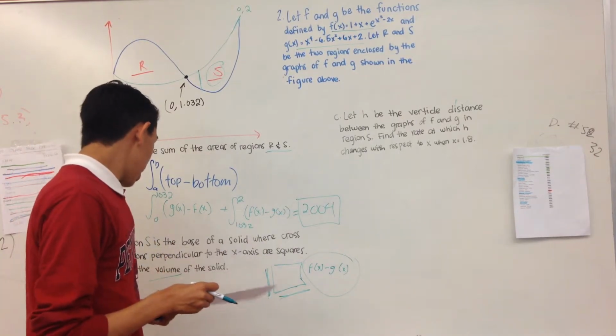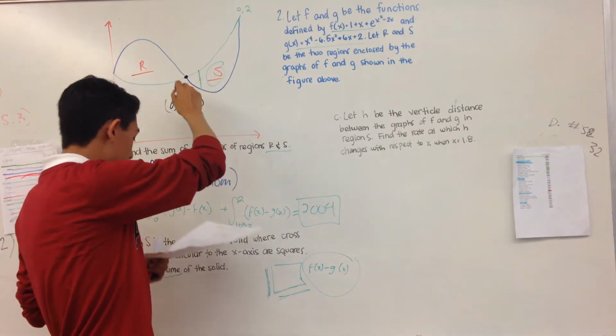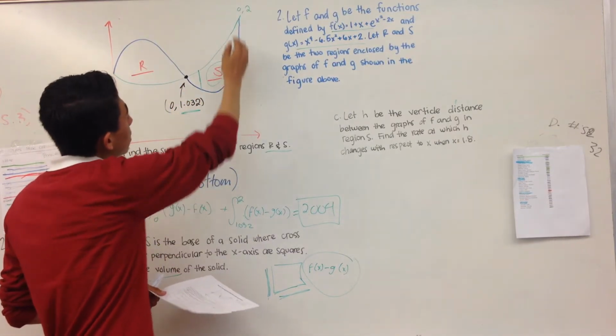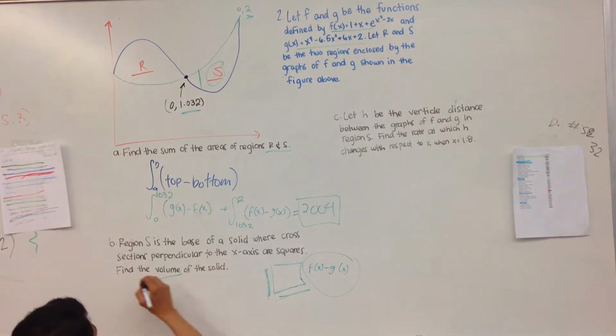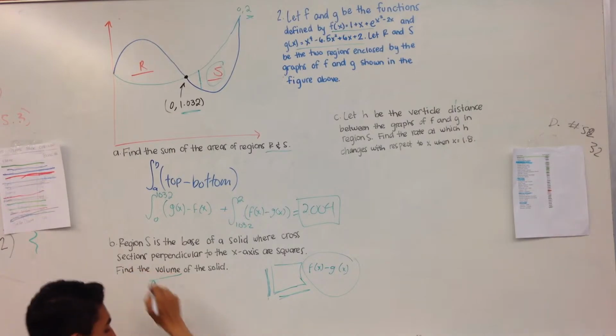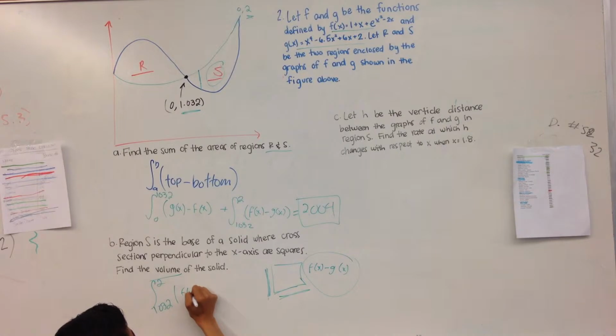So for this one, since it's asking us to find the volume, we need to find the points from this to this again. So we would do the integral from 1.032 to 2 of, and since it's the volume, f of x minus g of x, squared.